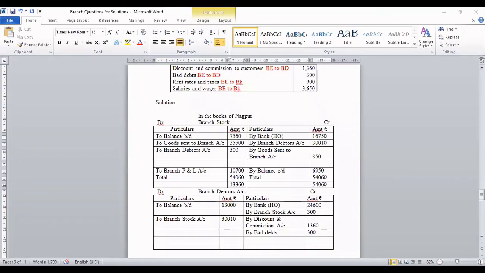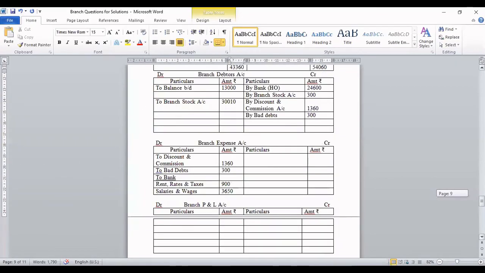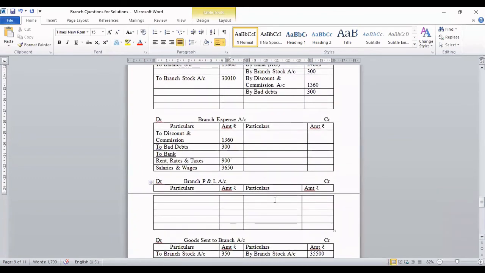Now go to branch PNL and record there. Where will you record? Credit side. What will you record? By branch stock account. Tell me the amount. 10,700. Okay, very good.